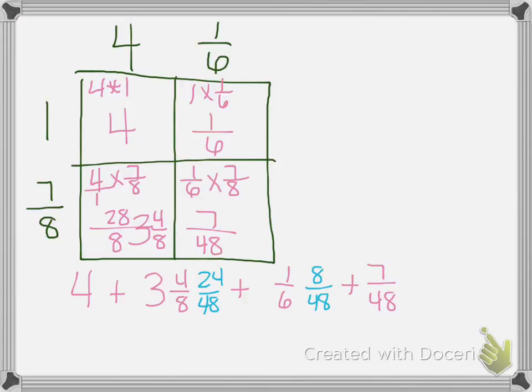So now 4 plus 3 is 7. 24 plus 8 is 32. Plus 7 is 39/48. So our answer is 7 and 39/48, which is the same answer we got in problem 2.